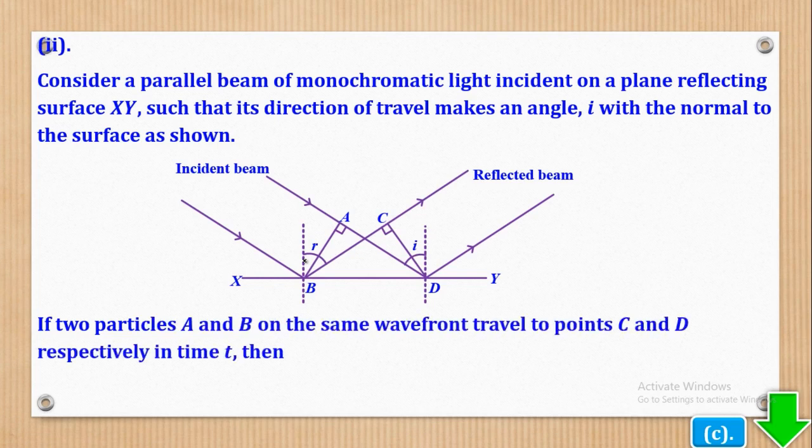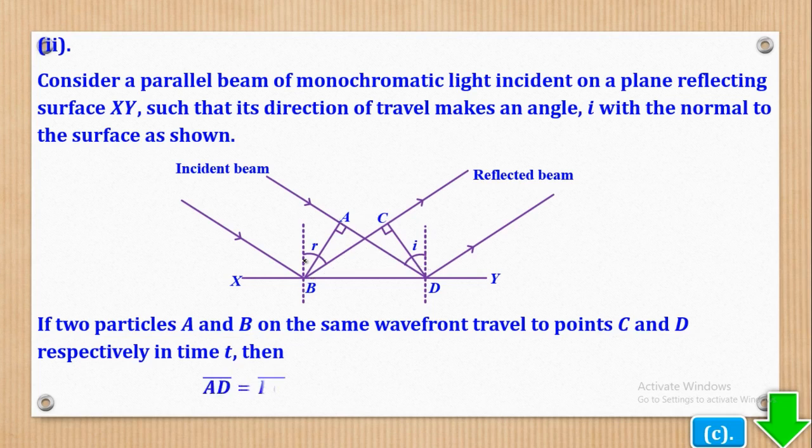So you say that if 2 points A and B on the same wave front travel to points D and C respectively in time t, that means A travels to point D and B travels to point C. That's what the word respectively means.